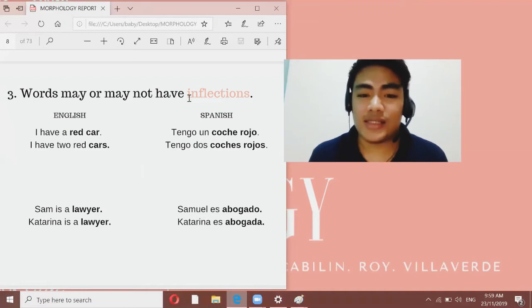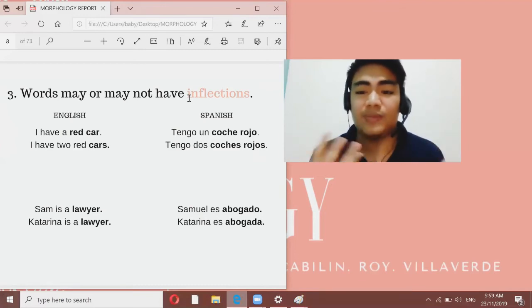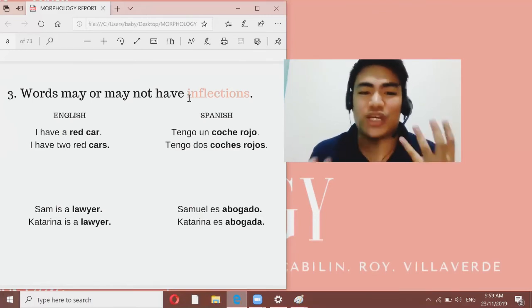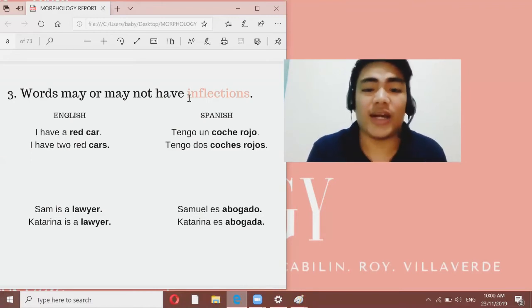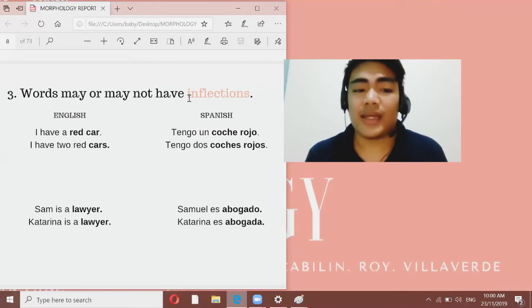But these changes don't actually change the meaning or the essence of a certain word. They are just mere additions or changes in a certain word, but they don't change its meaning entirely. They only serve particular purposes, for example, grammatical purposes.